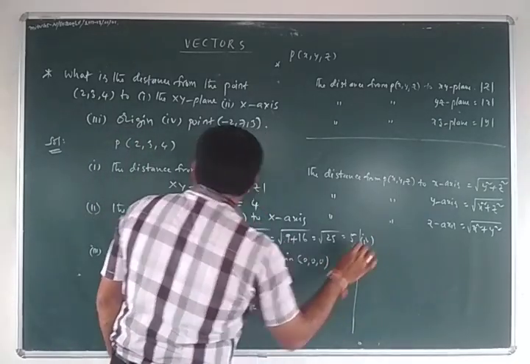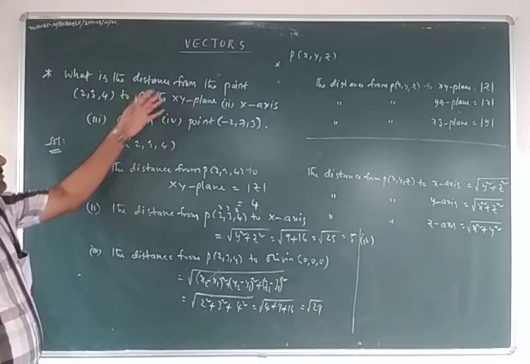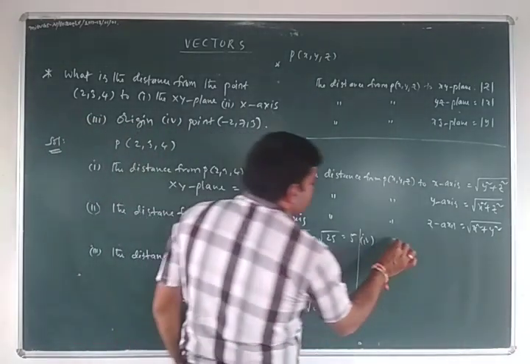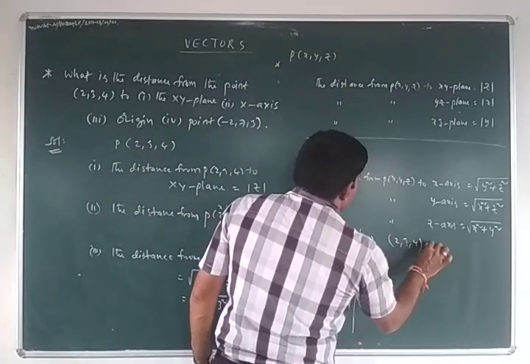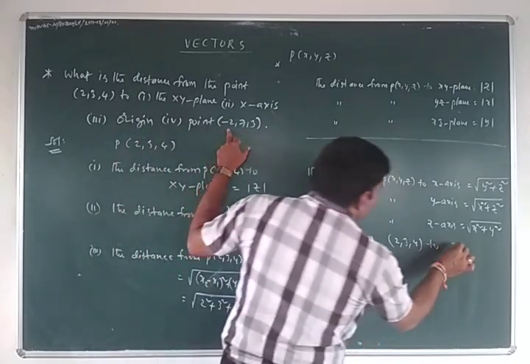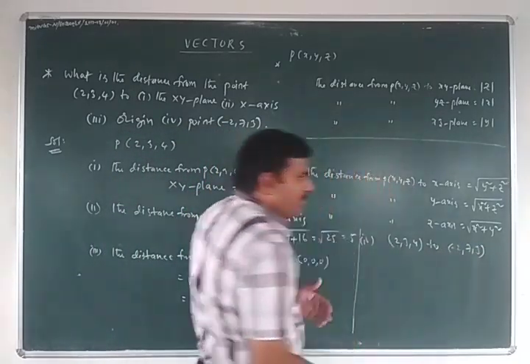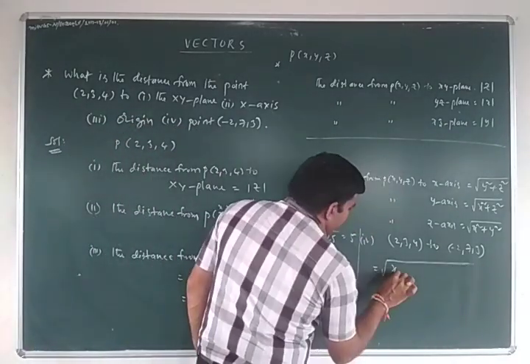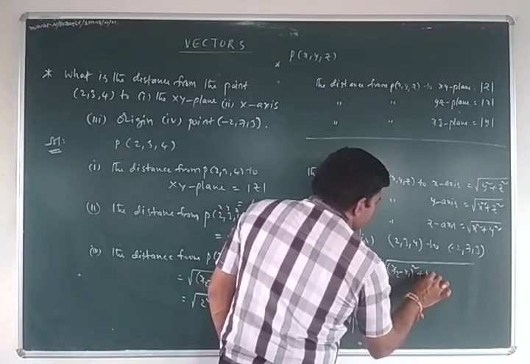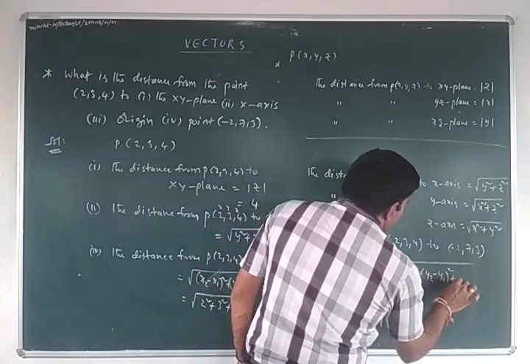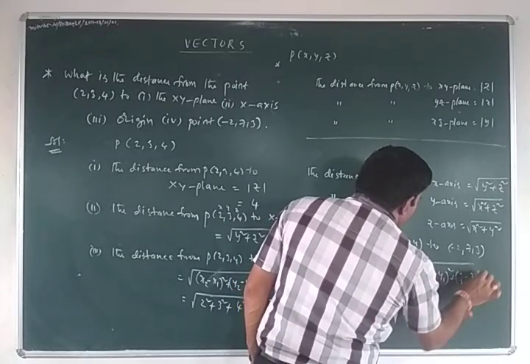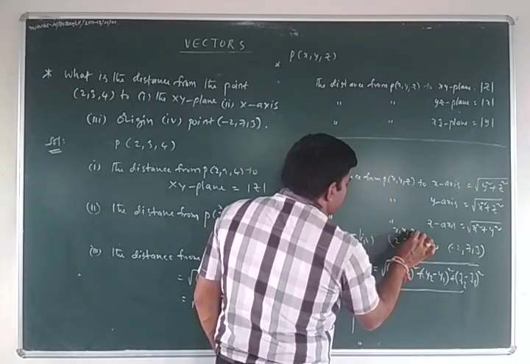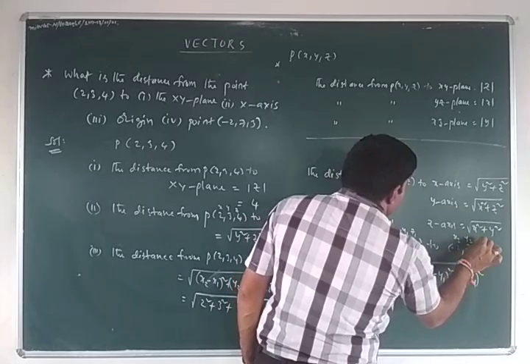And one more and last bit in this one. You are asked to find the distance between this point and one more point. Distance between the two points: the first point is (2, 3, 4) and the other point is (minus 2, 7, 3). You can use the distance formula, the square root of (x2 minus x1) whole square plus (y2 minus y1) whole square plus (z2 minus z1) whole square. Take this as x1, y1, z1 and this as x2, y2, z2.